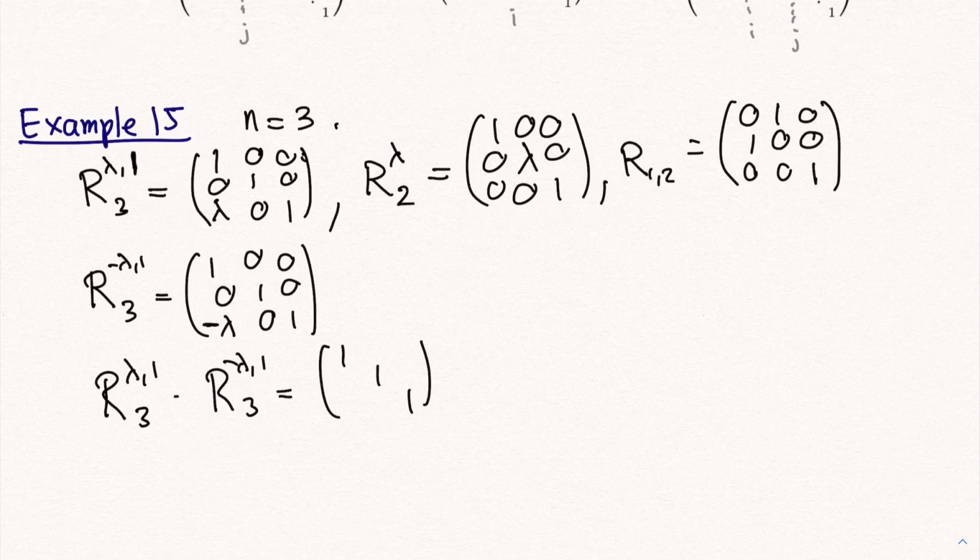And here, for this position, what we would multiply is this vector with this vector. So we get minus lambda plus 1 times lambda, and therefore we have this 0 here. And we see that this is the inverse of this matrix here.